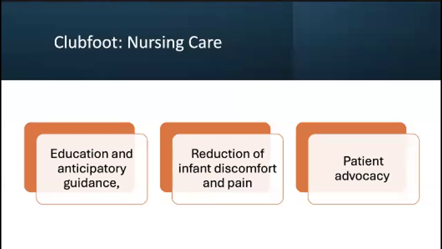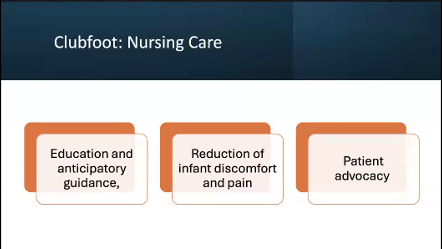Families will experience a lot of challenges with this treatment. Your nursing care focuses on education and anticipatory guidance. Again, this child is going to require serial casting each time with manipulation. Parents need to be provided with information about the condition and the treatment to help reduce their parental anxiety and guilt.